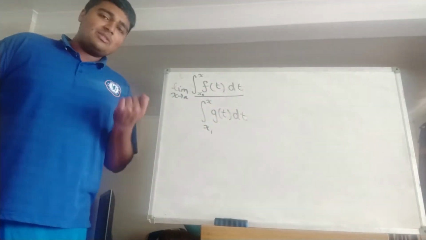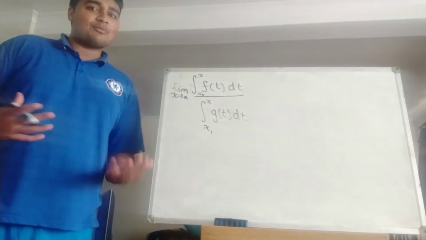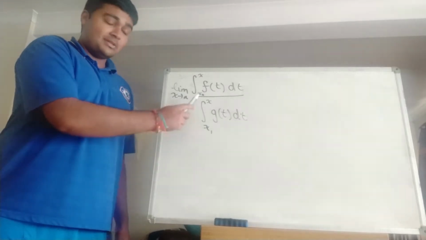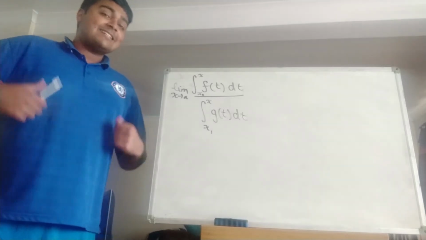But now what we want to do is somehow compute this limit, or show that it's equal to the limit as x approaches a of f of x over g of x. Remember, we're free to choose what x1 and x0 are, so we're going to use L'Hopital's rule, in fact, to help us.